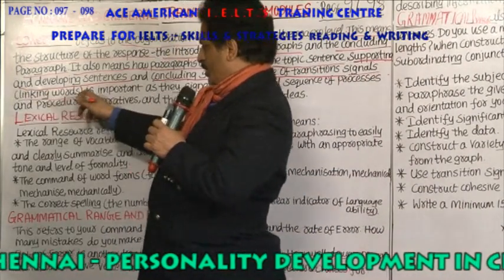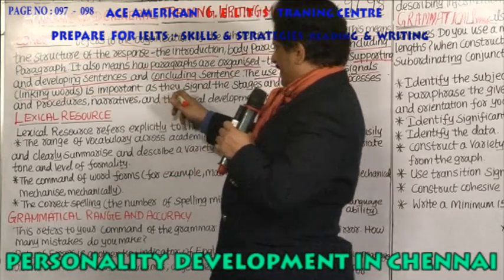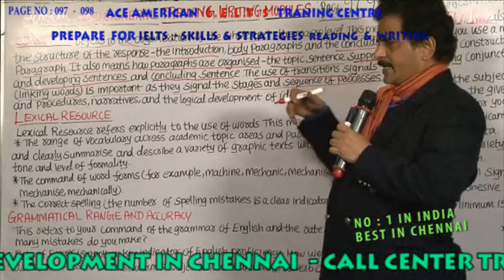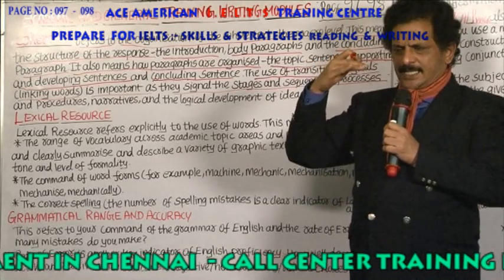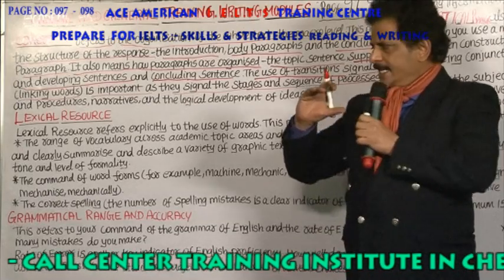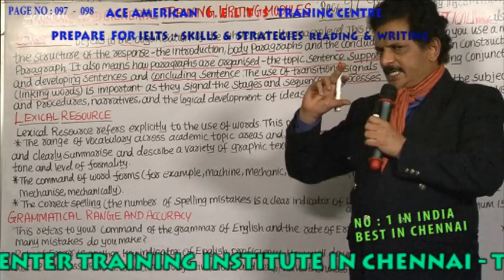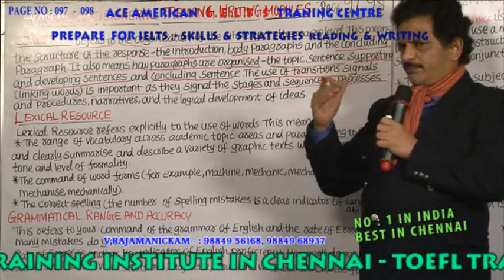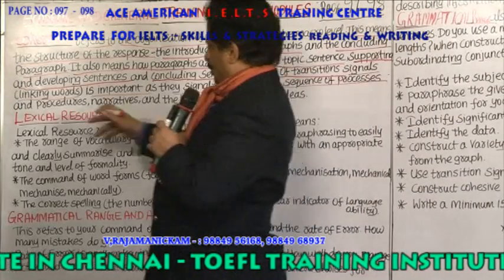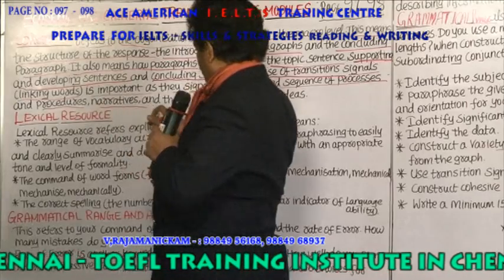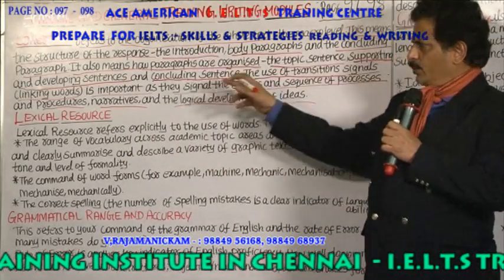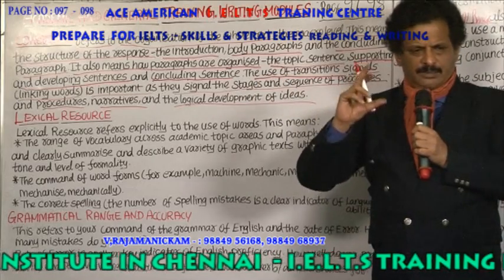These are very important as they signal the stages and sequence of processes. So linking words between different ideas signal the stages and the sequence of processes, one process, second process, third process, and procedures, and the narratives, and the logical development of ideas.